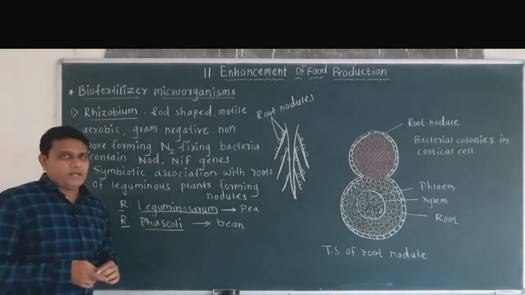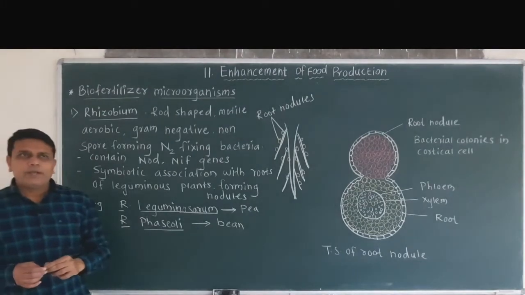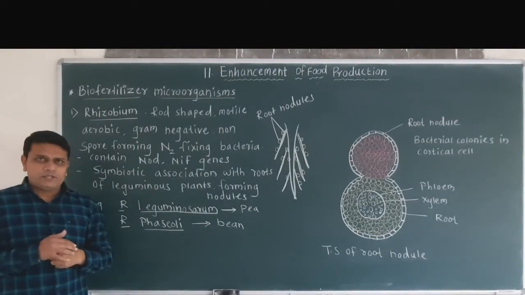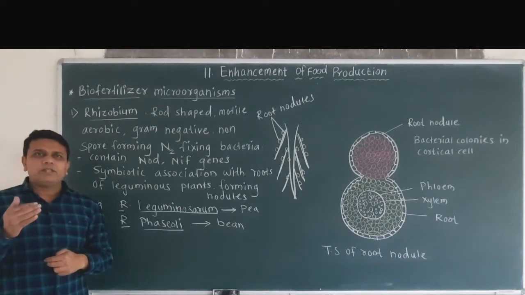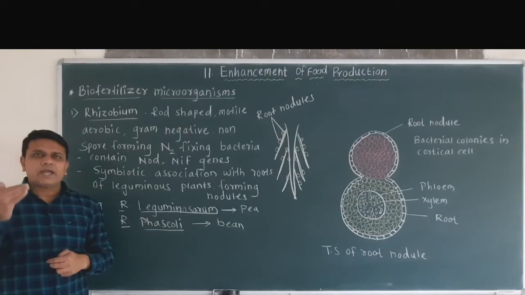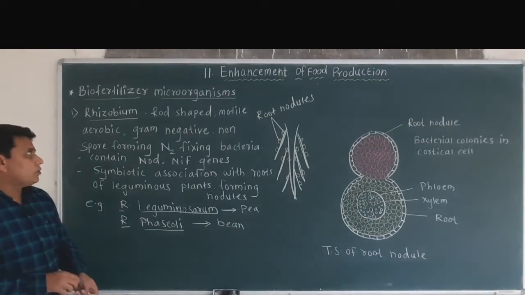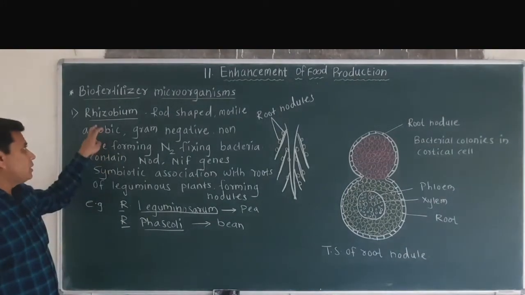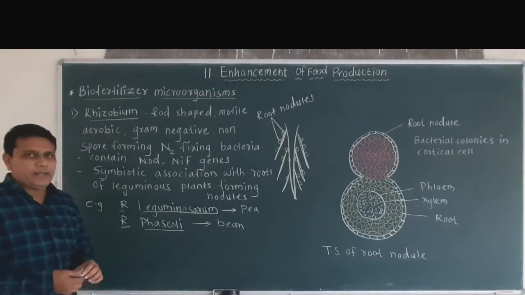biofertilizer microorganisms, in which we are going to learn regarding different microorganisms which help in the process of nitrogen fixation or which act as biofertilizers. Now the first type of microorganism is rhizobium bacteria.